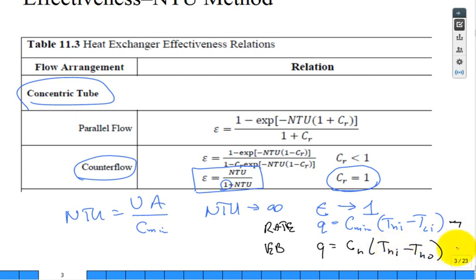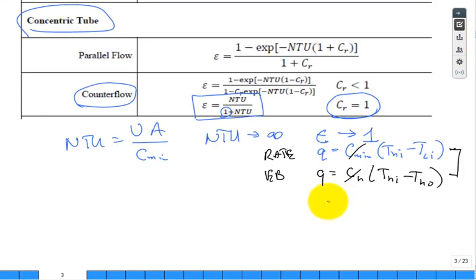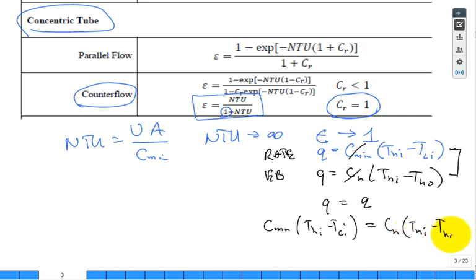These are the same. So Q is equal to Q. You get the equation that C min times T hot in minus T cold in is equal to C hot times T hot in minus T hot out. These cancel, this cancels. The hot out is the cold in. You prove it mathematically.